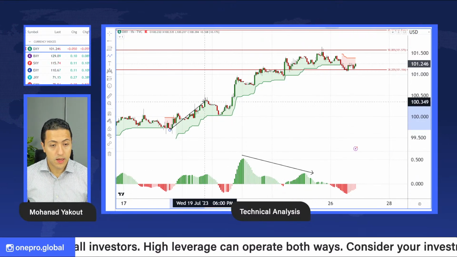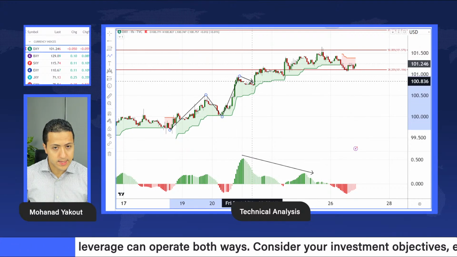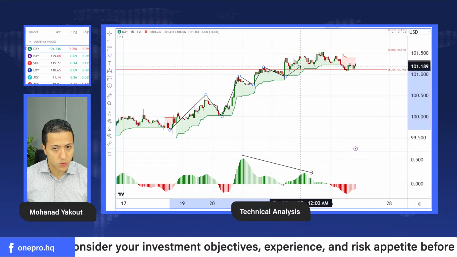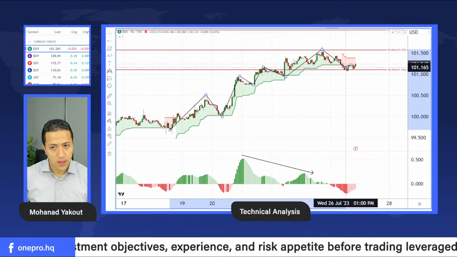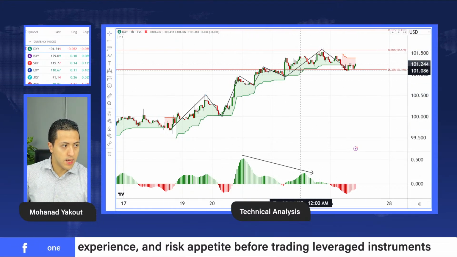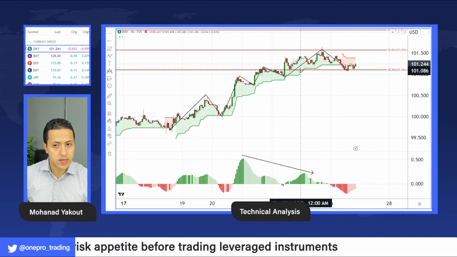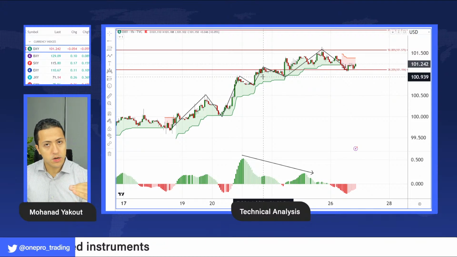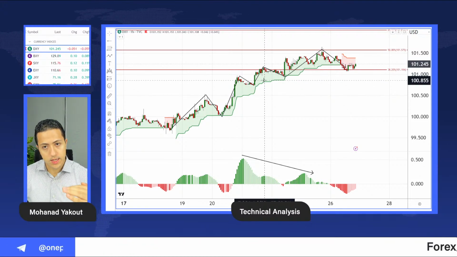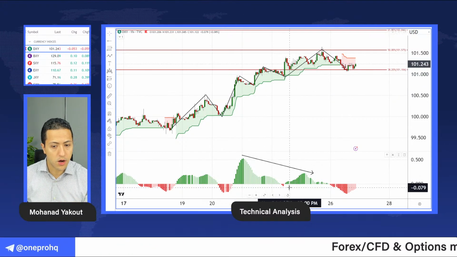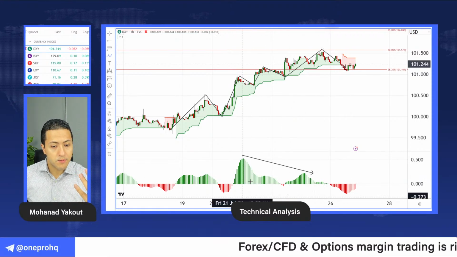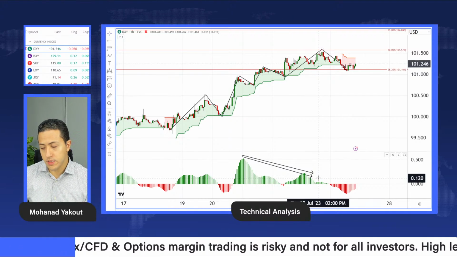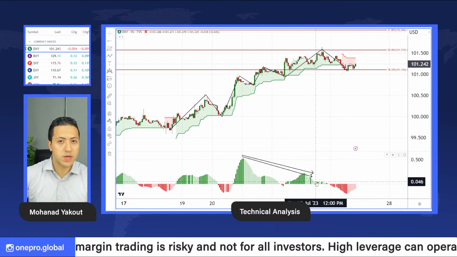Let's say this is an upward trend on the 1-hour time frame, and you're having higher highs and higher lows on the chart, whatever the time frame is. Prices are able to record new higher highs and higher lows. However, on the momentum chart, you can see that the momentum is not able to make new higher highs.